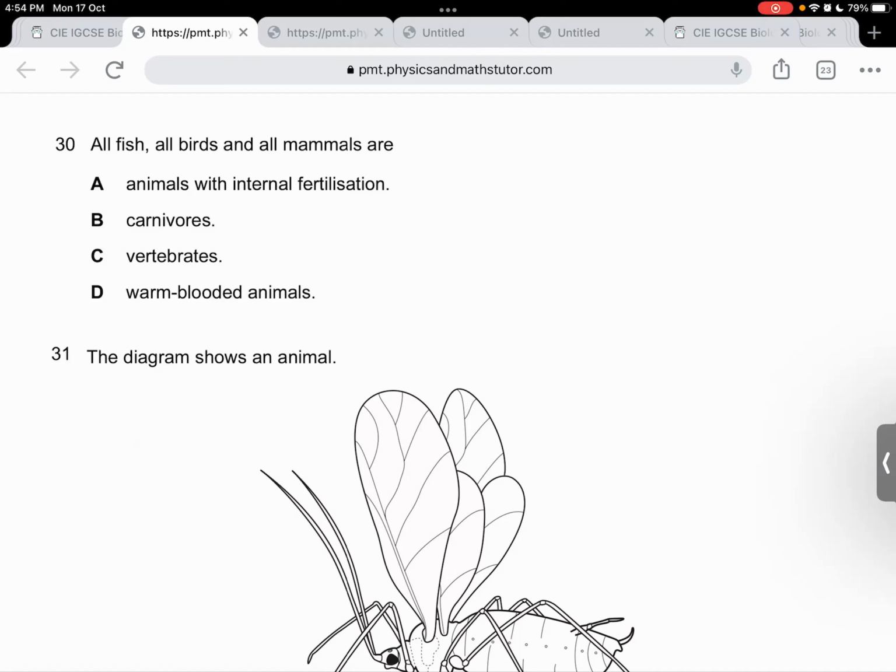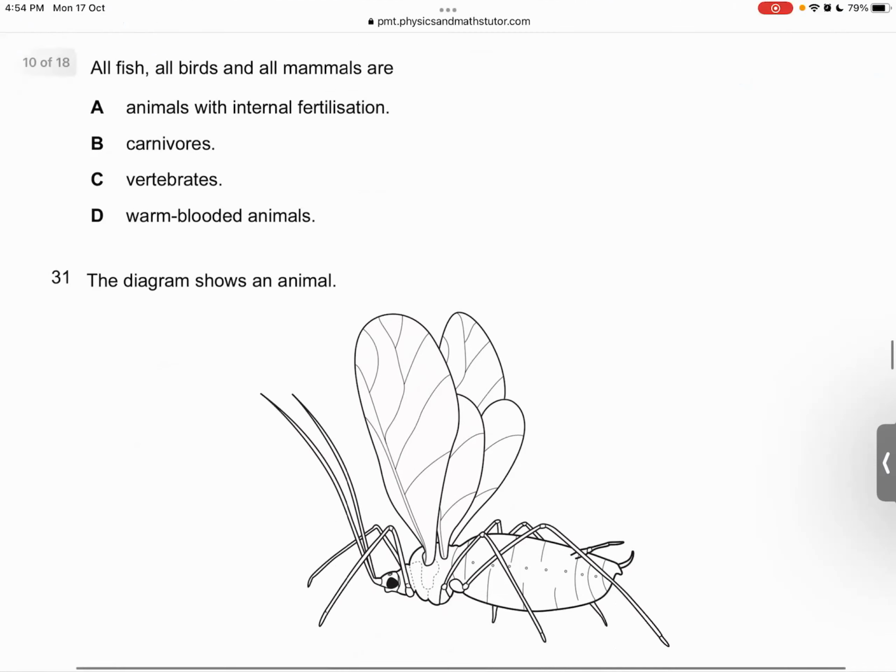Then warm-blooded animals, D. Fishes are not warm-blooded. Miss, I'm unsure of this. Vertebrates? Oh, okay. They're all not carnivores because all mammals are not carnivores. The majority of mammals are herbivores. They're all not warm-blooded. And the only thing that they have in common is that all of them have a vertebral column.